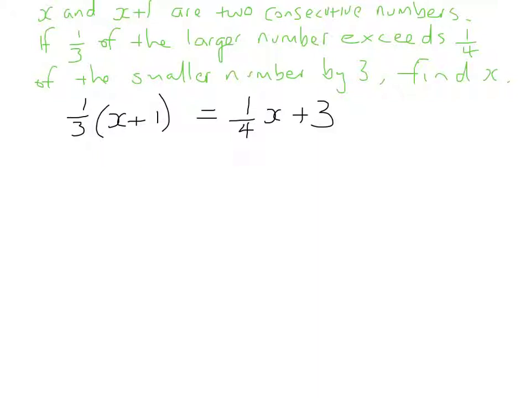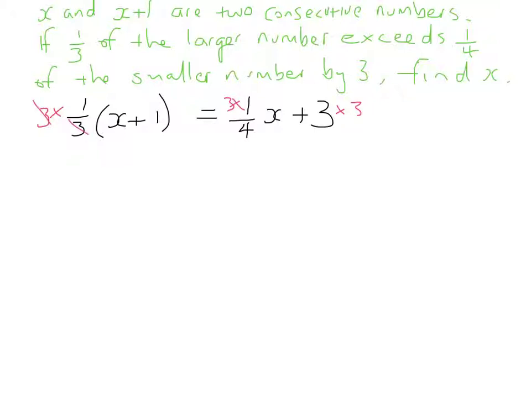And I don't like dealing with fractions, so what I'm going to do is something a little bit different here. I'm just going to times everything by 3. So 3 times that, 3 times that, and times that by 3 as well.